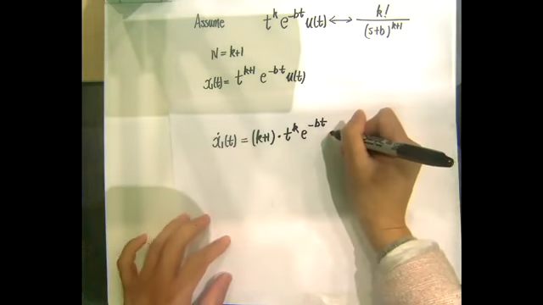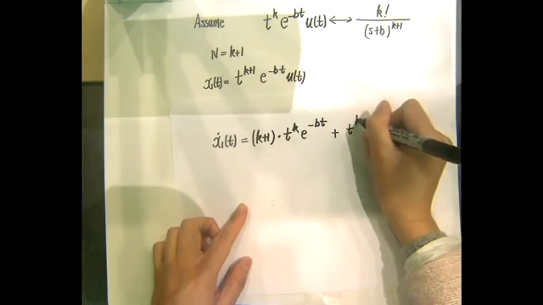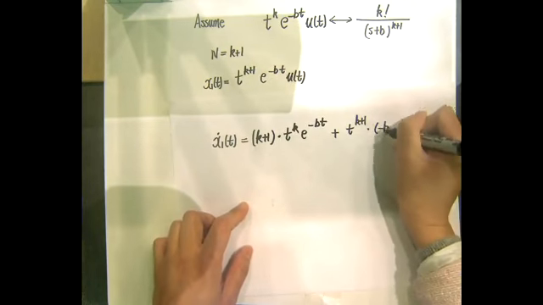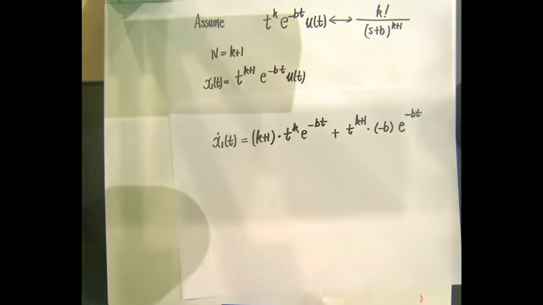Right? Now I keep the first term and take the derivative of the second term with respect to t. I will have plus t^(k+1), and the derivative of the second term is minus b e^(-bt). Okay.